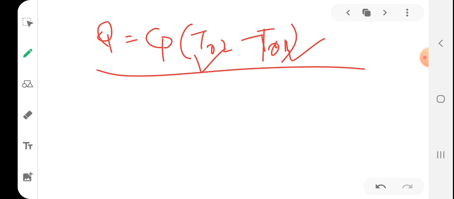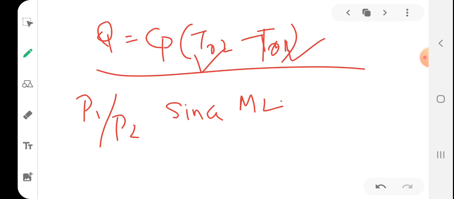So you have to calculate P2 now. Since M2 is equal to 1, it is the critical state, so P2 can be written as P star.